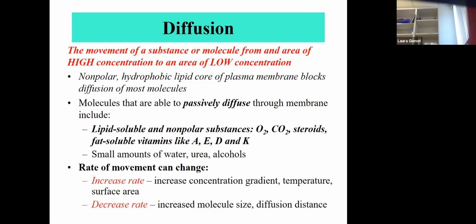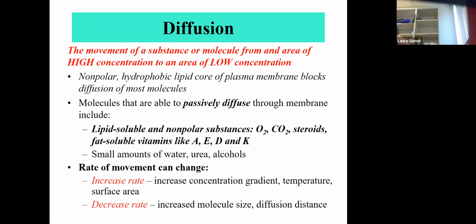Nonpolar substances, because they're not going to be repelled, they're going to be neutral. A lot of oxygen, carbon dioxide gases, steroids, because they're in the fat family, fat-soluble vitamins. That's why we say they're fat-soluble, because they are nonpolar covalently bonded, or neutral: A, D, E, and K, and in small amounts water, urea, and alcohols.